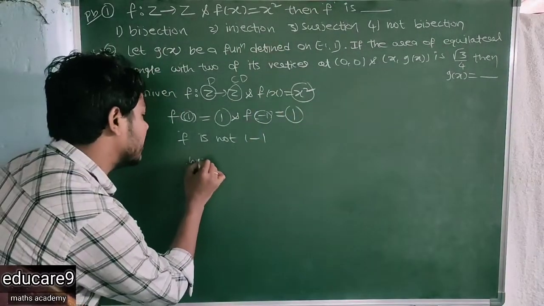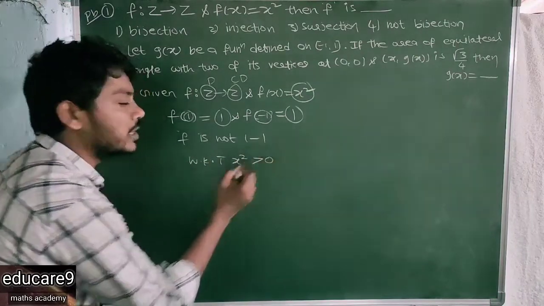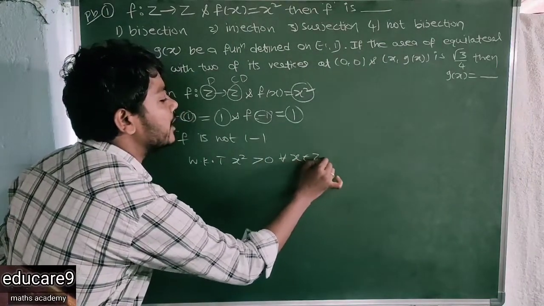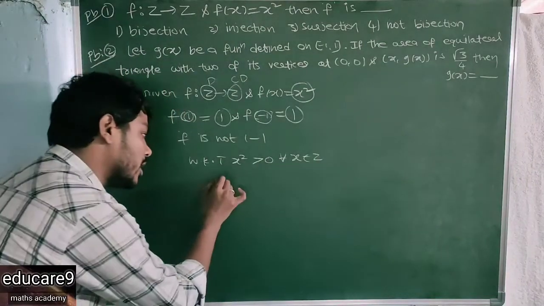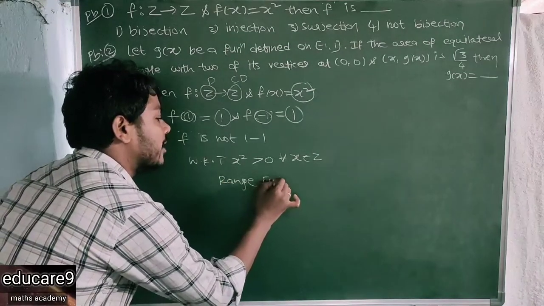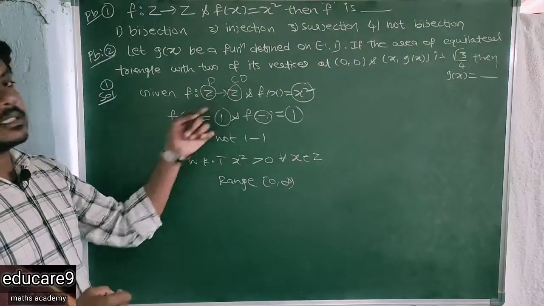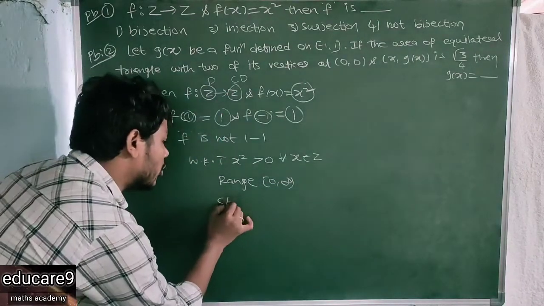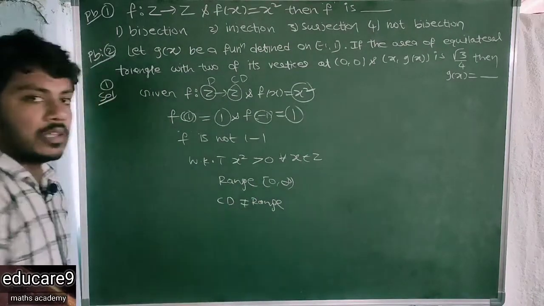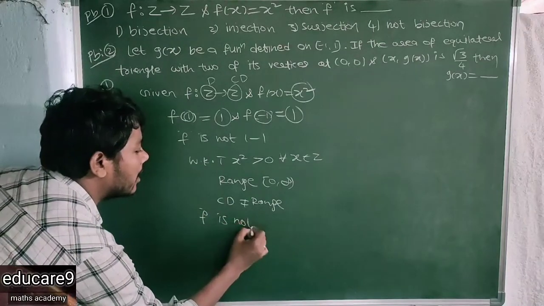So you know that x square is always non-negative for all x belongs to Z. So range is the closed interval 0 to infinity, and here codomain is Z. So clearly codomain is not equal to range. Therefore f is not onto.